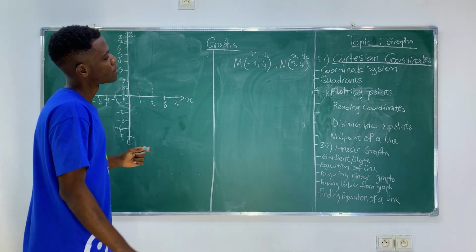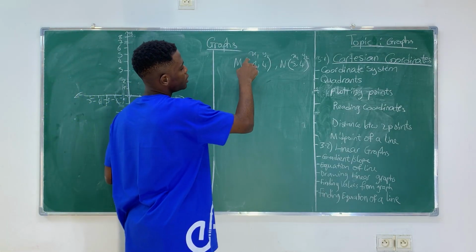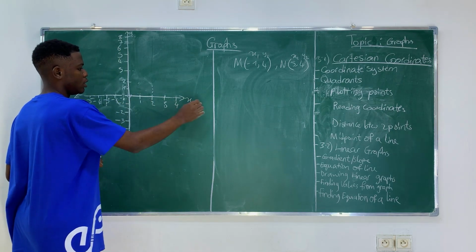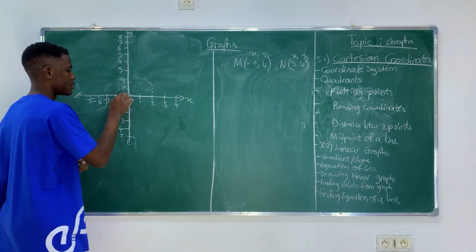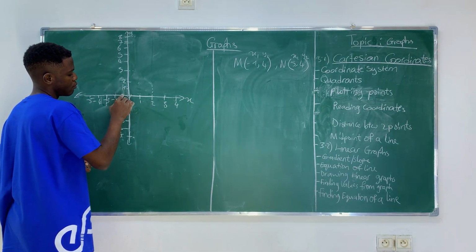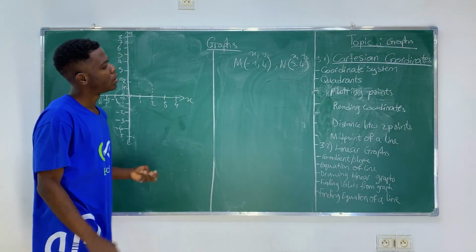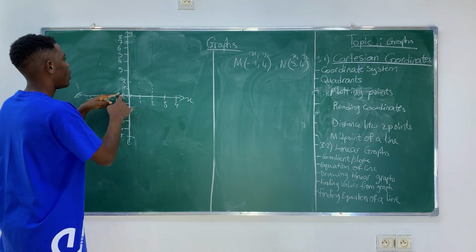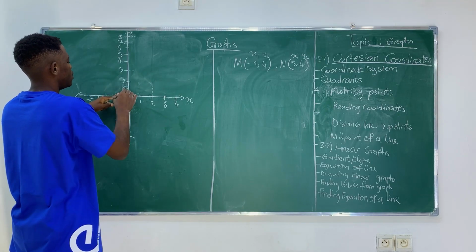Let's plot these points. x1 is -1: -1 on the x-axis is here. On the y-axis, the point is 4. Where is 4 on the y-axis? Here.